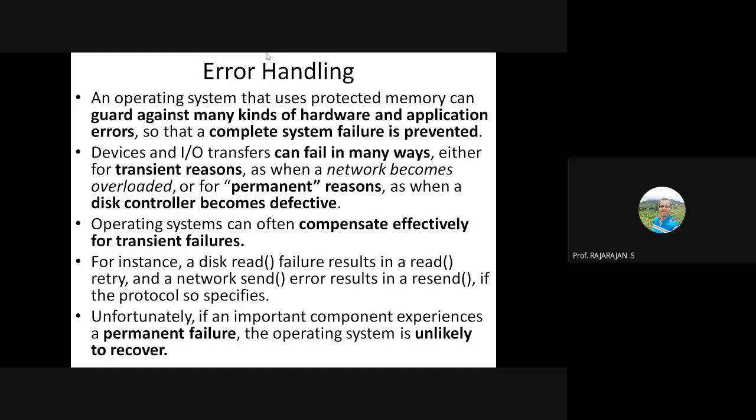For example, sometimes you may get disconnected from the internet, or there may be no tower accessing. That kind of temporary failure is termed a transient error, and the operating system can deal with it. But permanent errors are more like hardware failures. The operating system cannot rectify permanent errors. It requires replacement of the hardware.